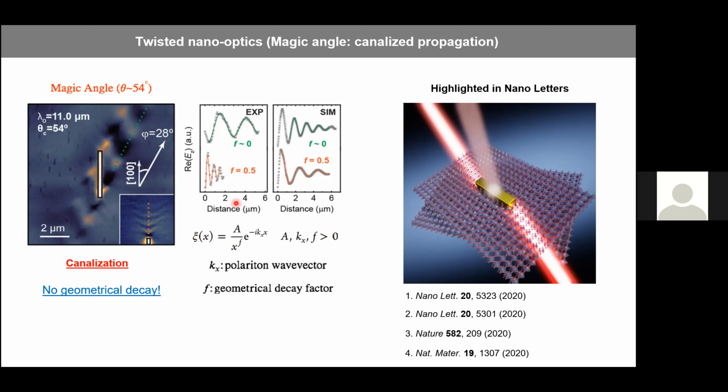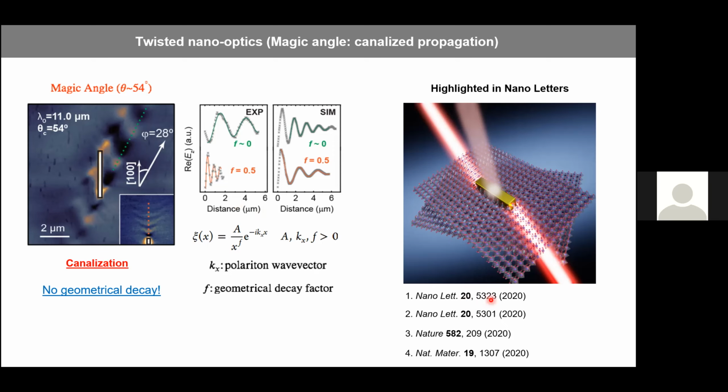So that means there is no geometrical decay for canalized phonon polaritons. This is quite important for us to have low-loss and highly guided propagation of mid-infrared light energy at the nanoscale. So we published this paper in Nano Letters. If you want to read more details, you can refer to this paper.